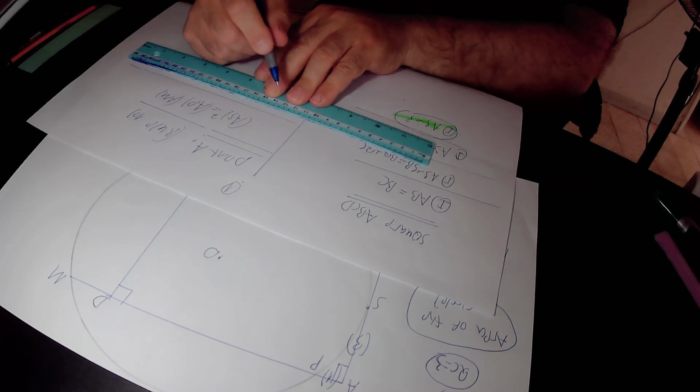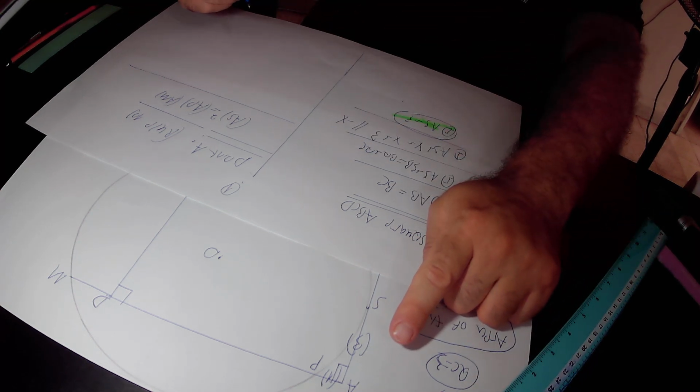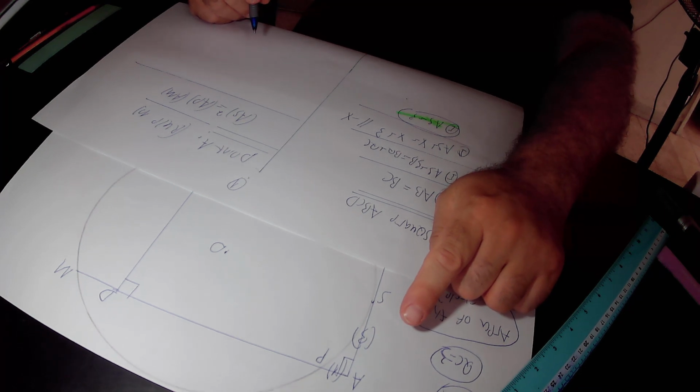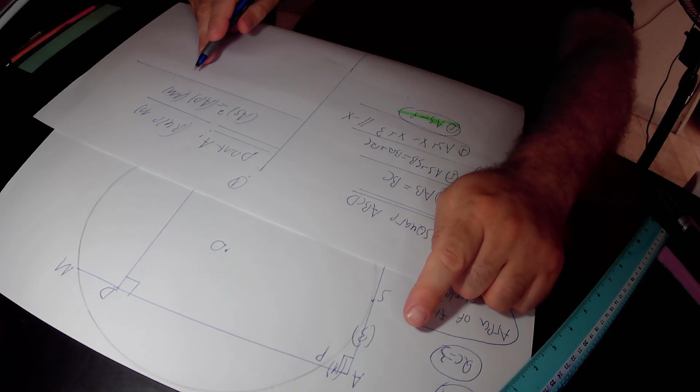Again, according to rule 10, if we focus on the current standpoint, point A, the following expression will be true, that AS squared equals AP times AM.